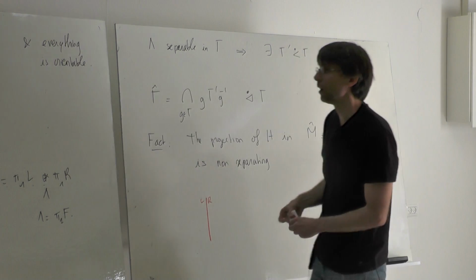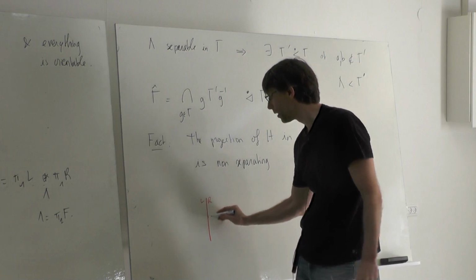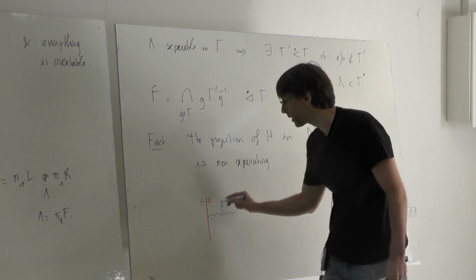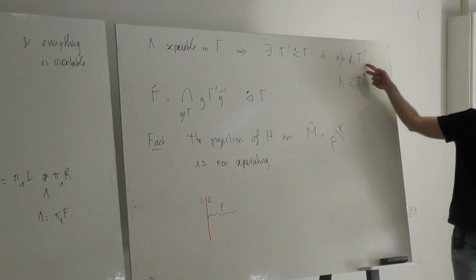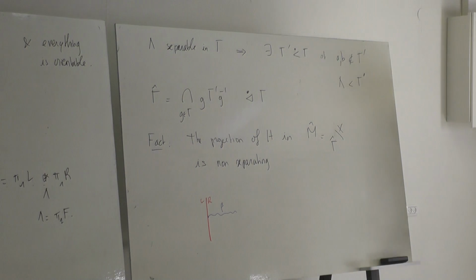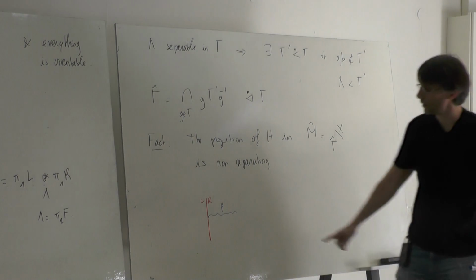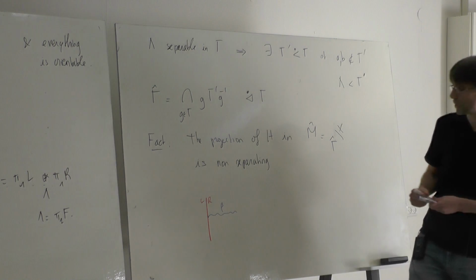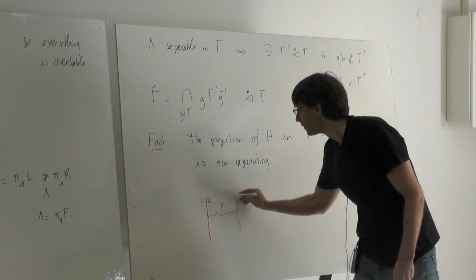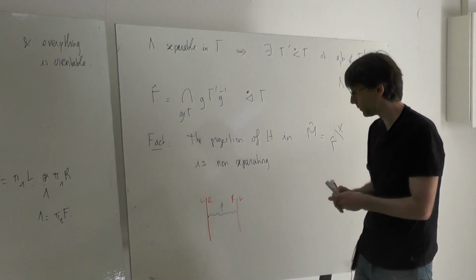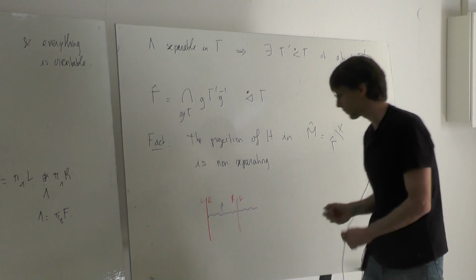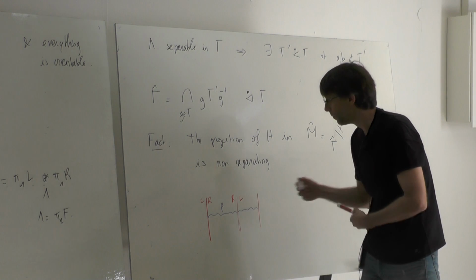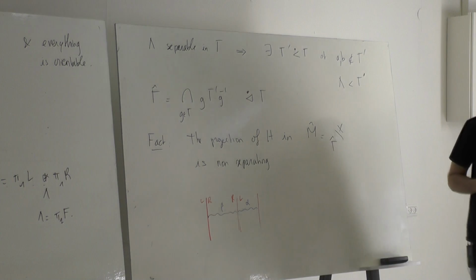And now you can start on the right using some lift of B. But now, because B is not in gamma prime, this is certainly not in gamma hat, so it goes from this point to another connected component of the projection. So you have this. And now you go from the left to this, but now you use a lift of A, alpha.